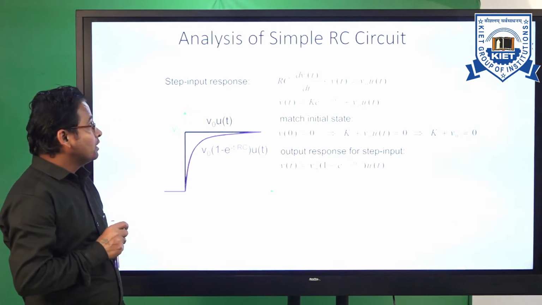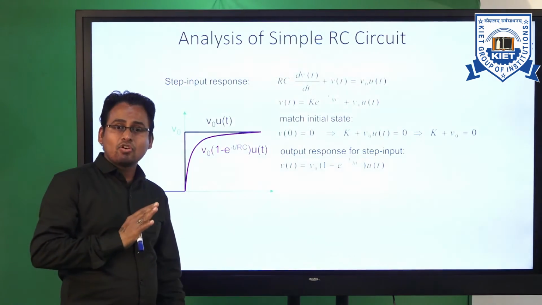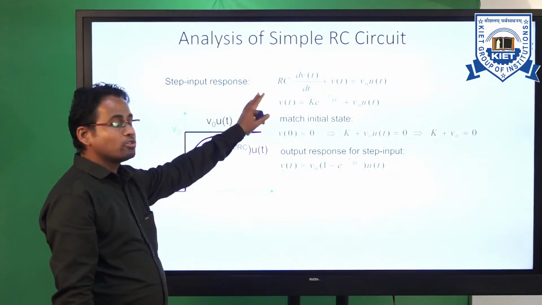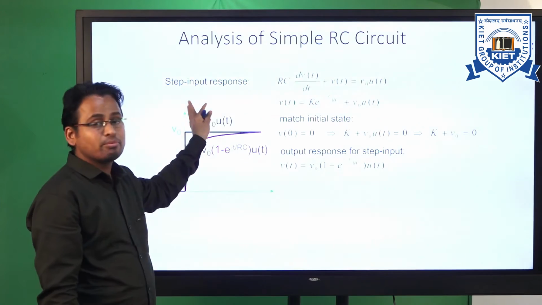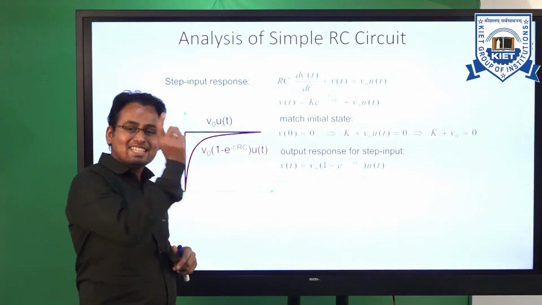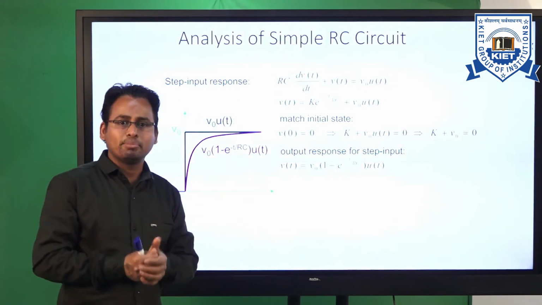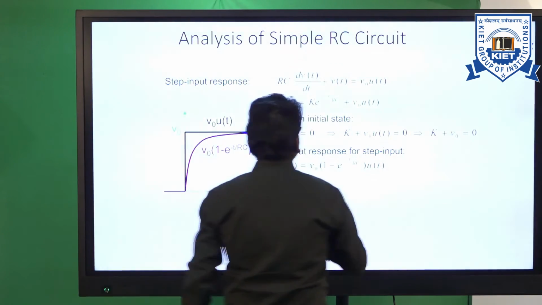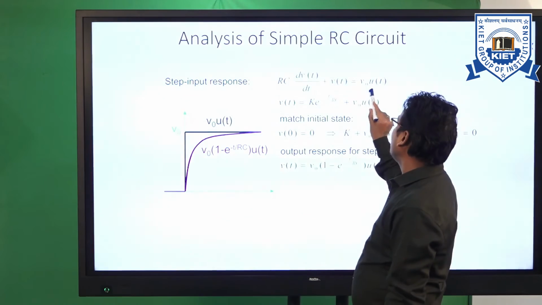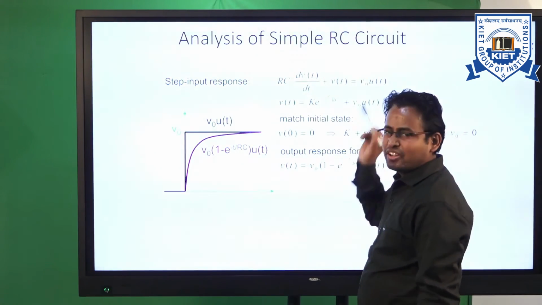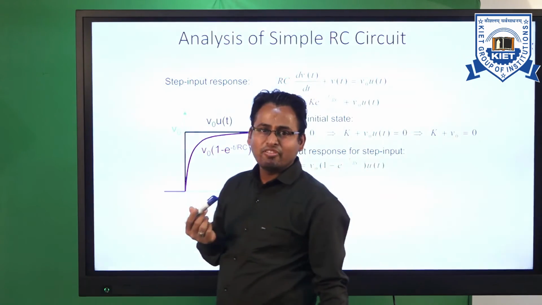Now come to the next. In this particular analysis of the RC circuit, the step input response. So what about the step input response? If this circuit is subjected to a step input, then what will happen? Look, here I am applying V naught u(t). Now after simplification, how can we get it?